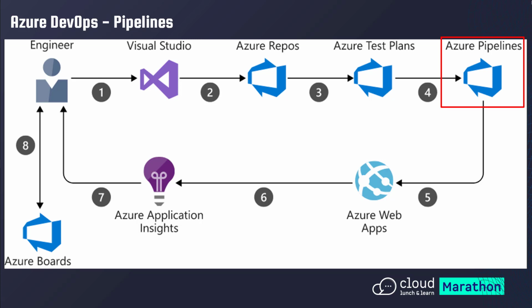And you would also need repos to have your work saved, like using Git or something like that. Then on the third step, you would have, for example, Azure Test Plans. And then on the first step, you have Azure Pipelines. That's our focus for this presentation.